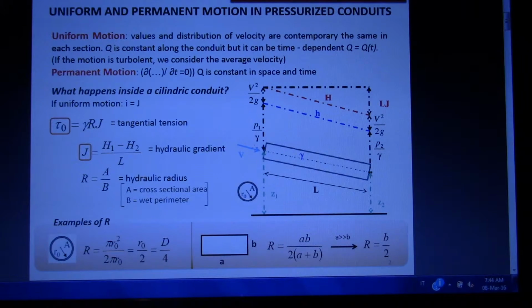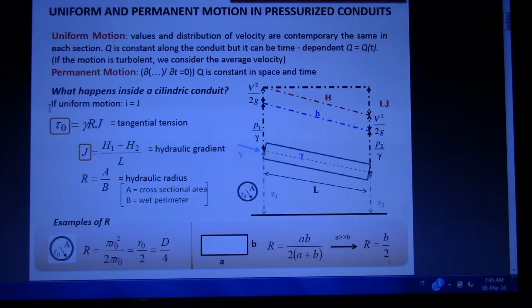Remember that it was minus the derivative of H, so the piezometric head, over the space, while J was minus the derivative of the total head over your space.